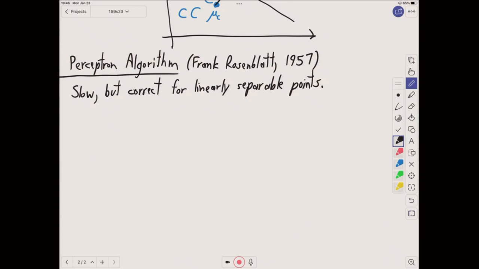Now again, it's obsolete, but the reason we want to take a brief look at it is not only because it's historically interesting, but also because it gives us a first easy look at basic ideas of how I use optimization algorithms to find a linear classifier. So the perceptron algorithm uses a numerical optimization algorithm.